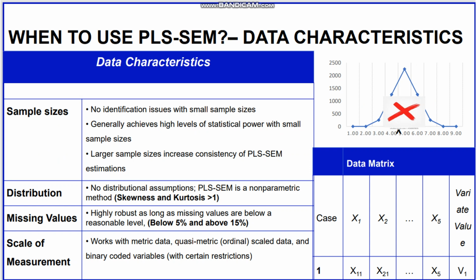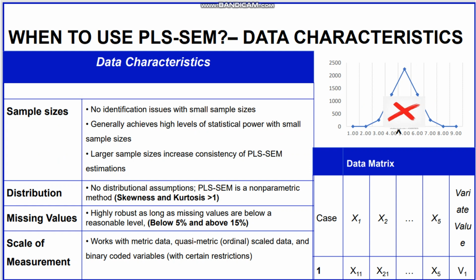And at the same time, if the sample size is large, then it increases the consistency of PLS-SEM estimations. The data distribution can also be not normally distributed, and PLS-SEM is a non-parametric method. So if data are not normally distributed, we can use PLS-SEM.